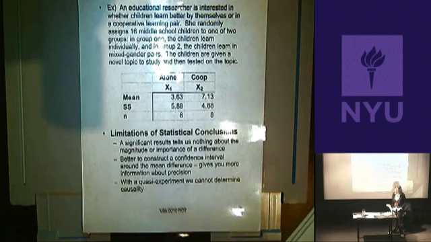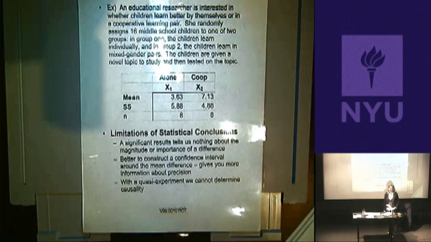The difference between a true and a quasi-experiment is that if it's a pre-existing group, you can't randomly assign people to the groups. That's a quasi-experiment. A true experiment is when you can randomly assign people to the groups.